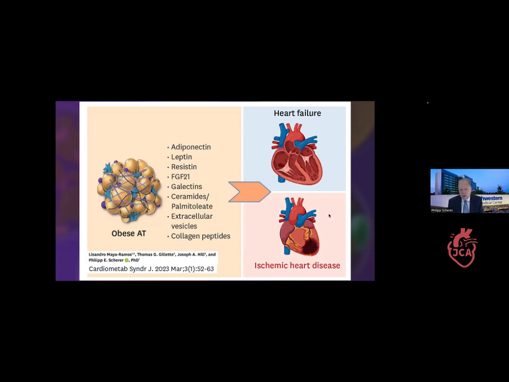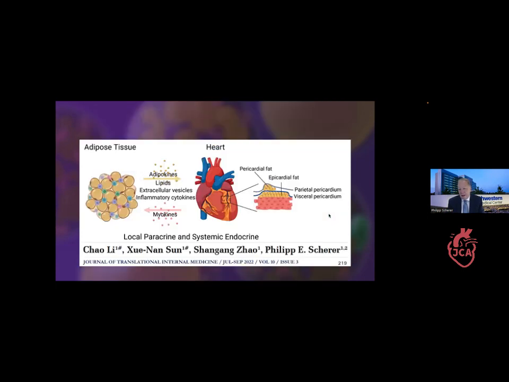And then the ceramides, potent pro-inflammatory molecules that are tightly linked to insulin resistance, and the matrix, the fibrosis that is characteristic of many diseases in the cardiovascular world specifically.